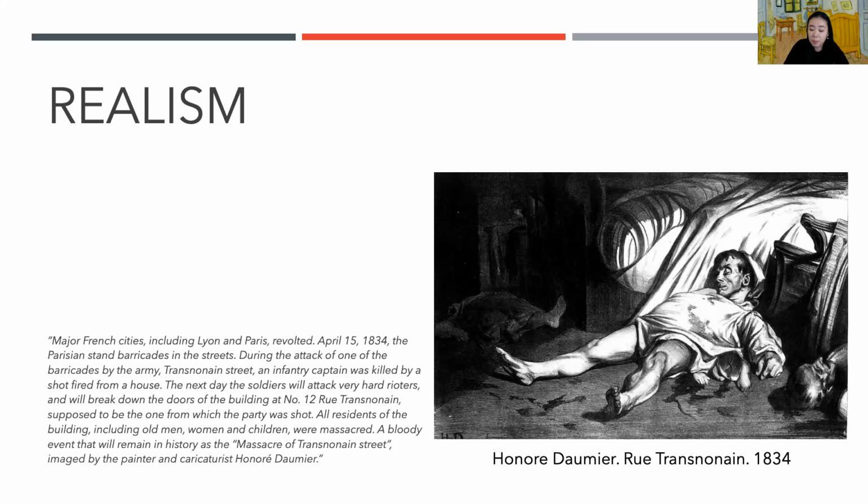All residents of the building, including old men, women, and children, were massacred. A bloody event that remains in history as the massacre of Transnonain Street, imaged by the painter and caricaturist Honoré Daumier. That's a realist work of art.